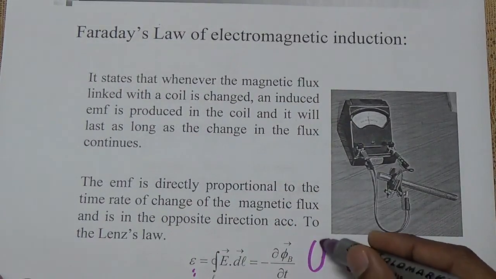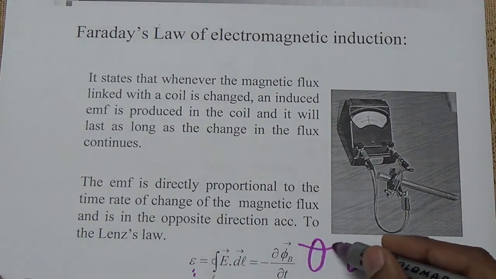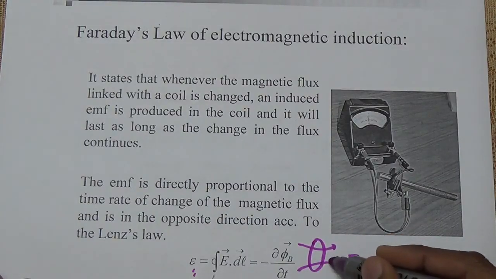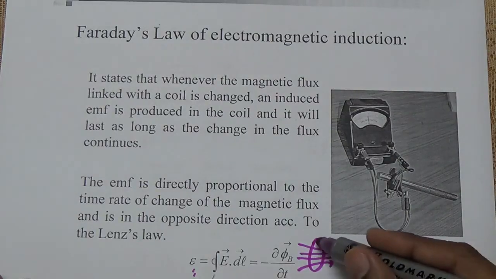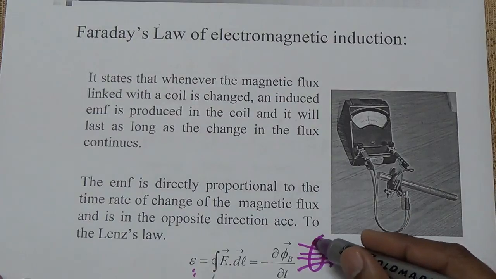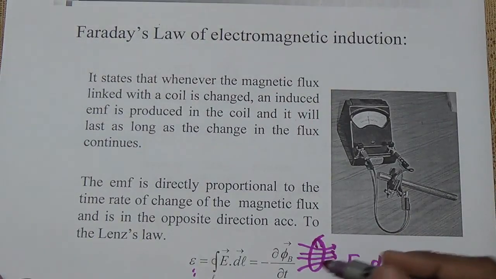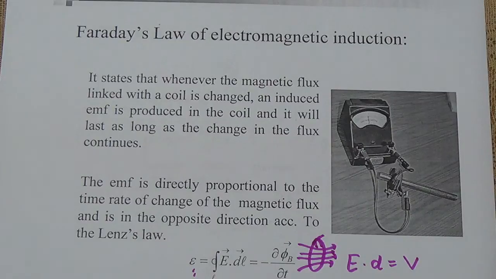If you have this coil and you pass a magnetic field through it that is changing with respect to time, an electric EMF will be produced in this wire, and that is known as Faraday law.